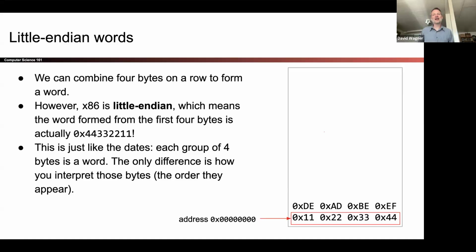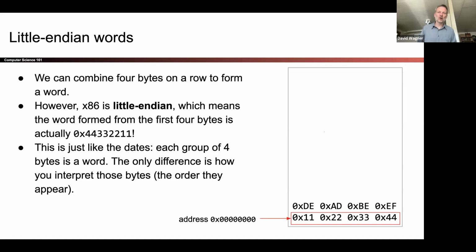So if I have a number that I want to store in memory, and it's hex 44332211, and I want to store it in memory on x86, I don't actually put the byte 44 in the first address and then the byte 33 in the next address. I do it the other way around.